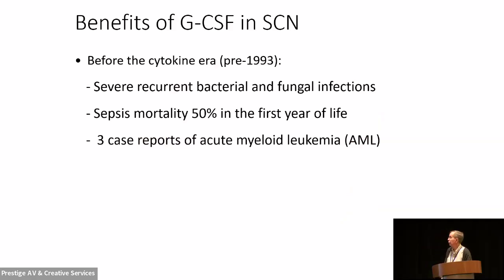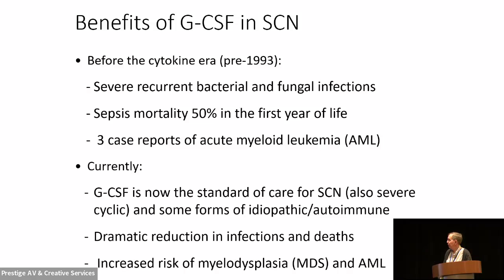So the benefits of GCSF in severe congenital neutropenia are that they prevent these complications from before the cytokine era. GCSF is also called a cytokine, meaning a hormone secreted by white blood cells for benefit of white blood cells. They had severe recurrent bacterial and fungal infections, death from sepsis in the first years of life, and a few cases of myeloid leukemia.